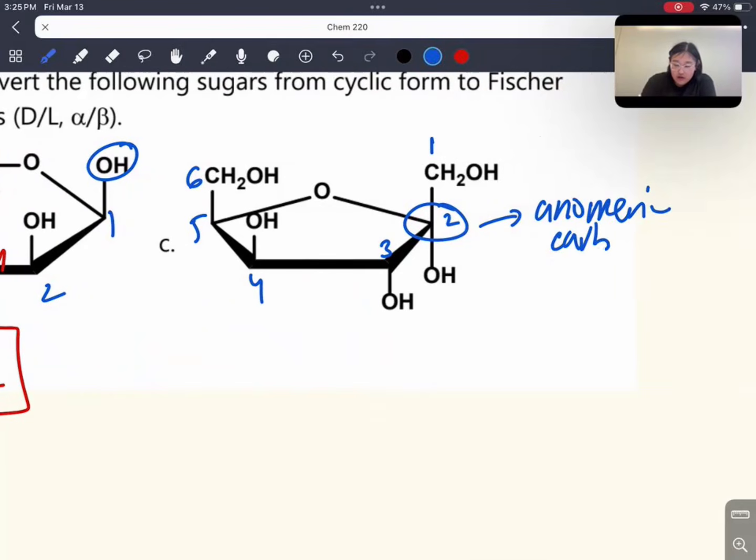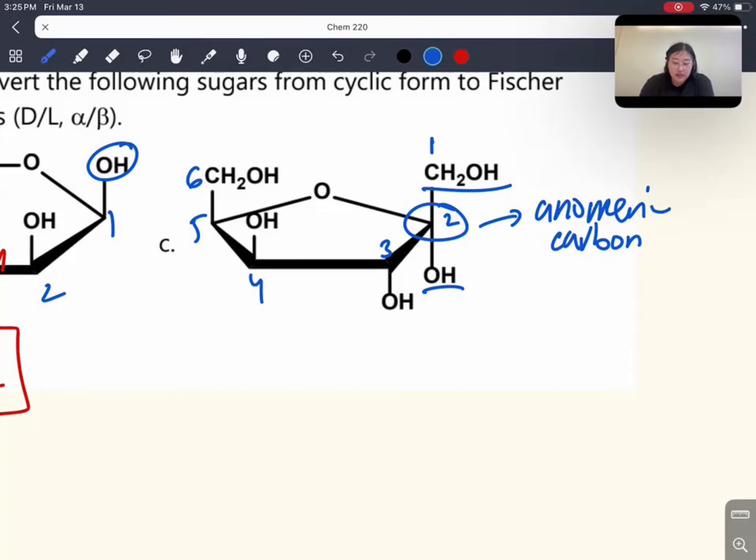You have to remember that just because you have a carbon number 1, that doesn't necessarily mean it's your anomeric carbon, because in this case the Fisher form will have a ketone, which I'll show you later how you know that it's a ketone. Basically, it's because you have one carbon that's bonded to a CH2OH group and an OH group instead of a hydrogen. And so we're comparing C2 versus C6 now.